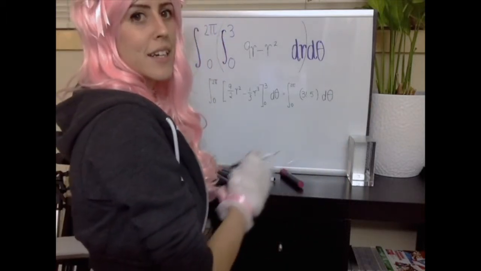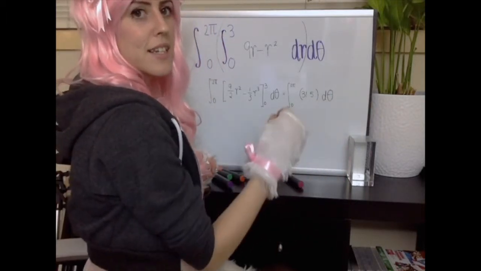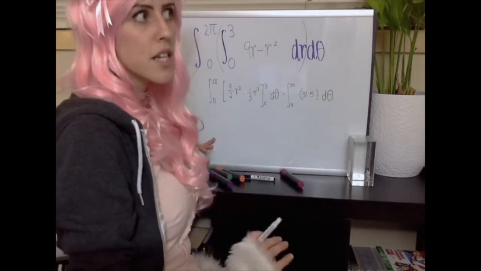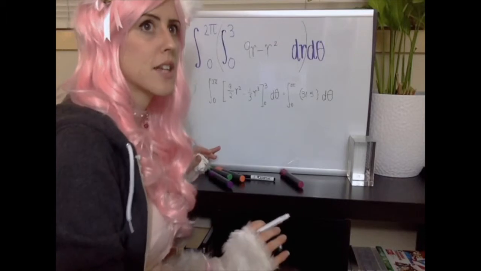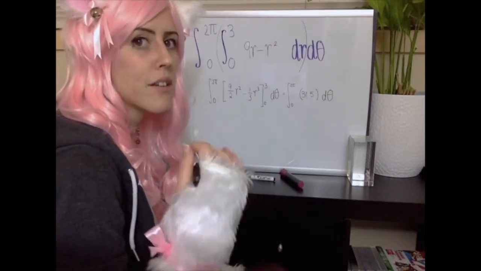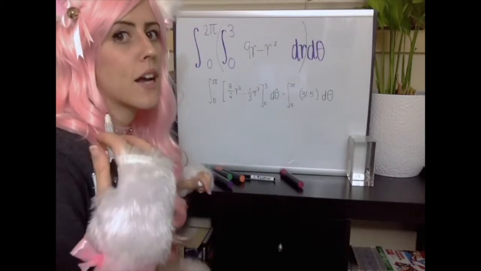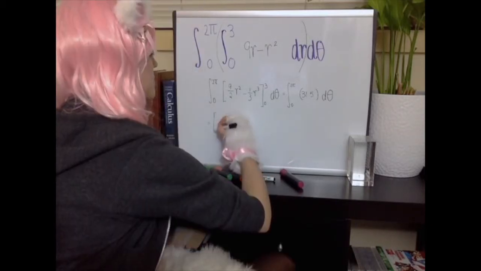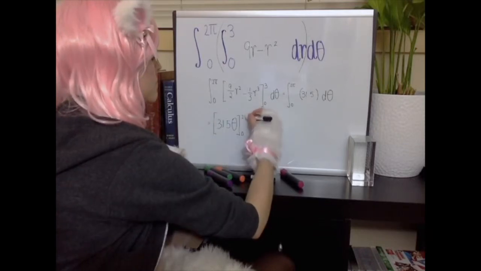And now this is looking nice and neat. It's only in terms of theta now. Theta being not present at the moment, it's theta to the 0. But when we do the integration, we're going to power that up to 1. So it's going to be theta to the power of 1.